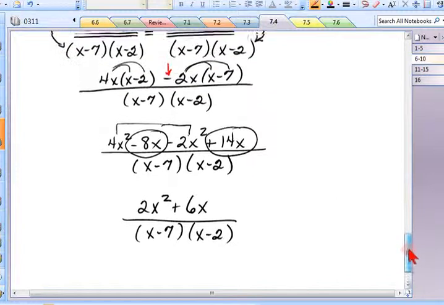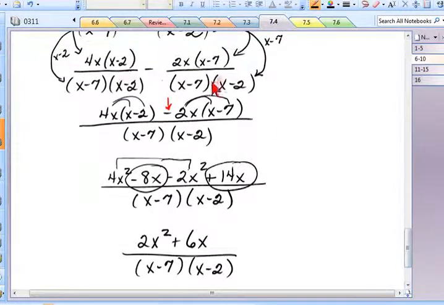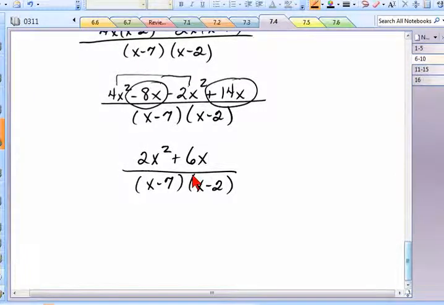So back up here, I had same denominator. When I put it all together, now it becomes simplifying the numerator. And I did my distributive properties, and then I combined my like terms. So now it's time to ask that final question, can you reduce? And you can reduce only if you can factor the top and have a common factor.